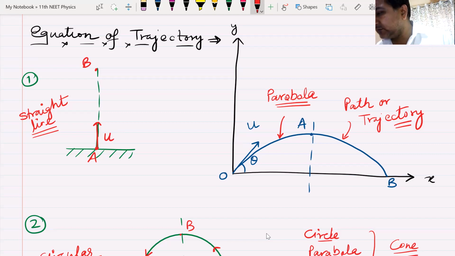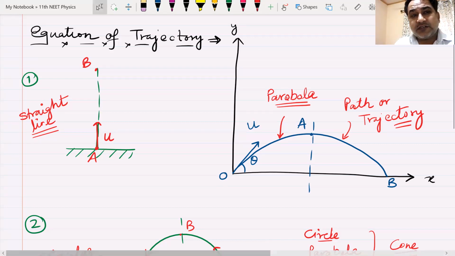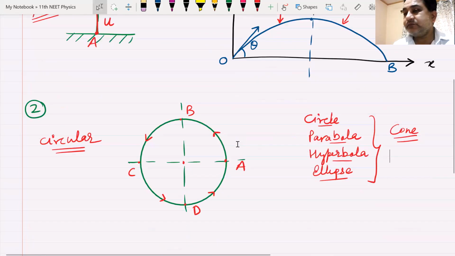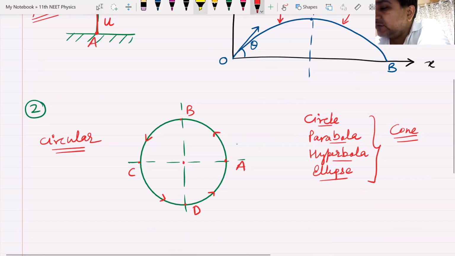What is the path of Earth around the sun? In what path does Earth move around the sun? Any idea? Moon moves around Earth in a circular path. So this is the path.